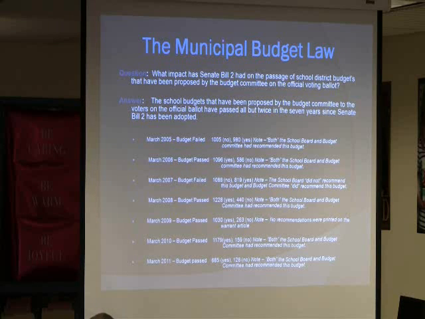In that year, the budget did fail. In subsequent years, the budget committee and the school board did come together on agreement on the budget and did ask the voters of Guilford to recommend and adopt the budget.